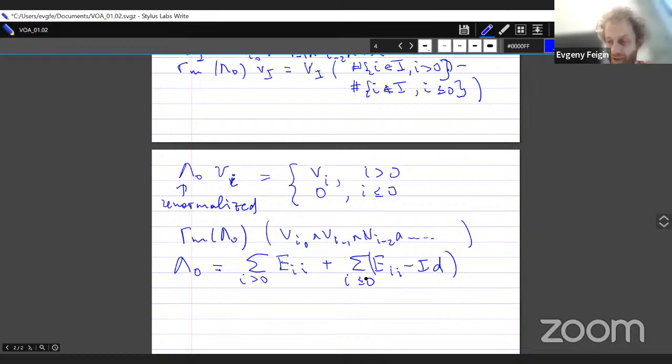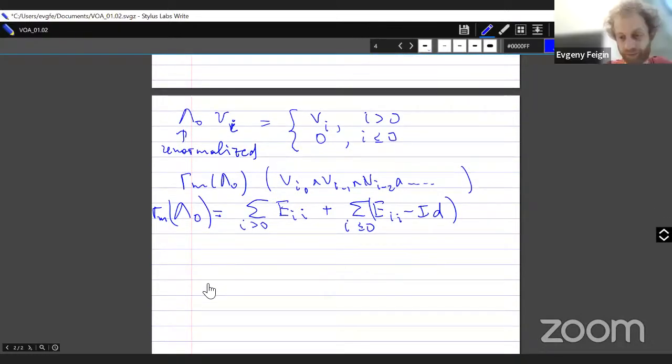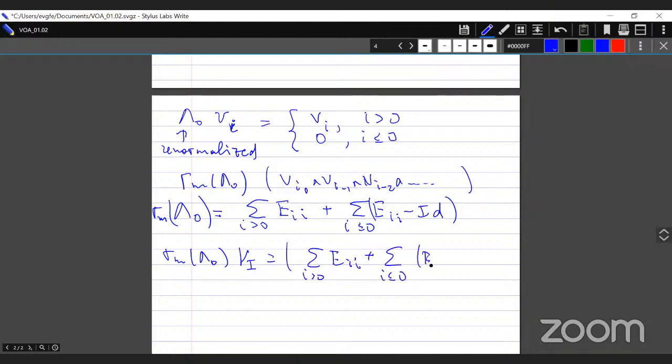So this is the formula, right? So this is the formula for how Rm of lambda naught acts, right? So we have to apply this formula to our vector, okay? So Rm of lambda naught applied to Vi equals the sum over i positive plus the sum over i less or equal than 0. We can say that let's look first at how it acts on the vacuum vector.